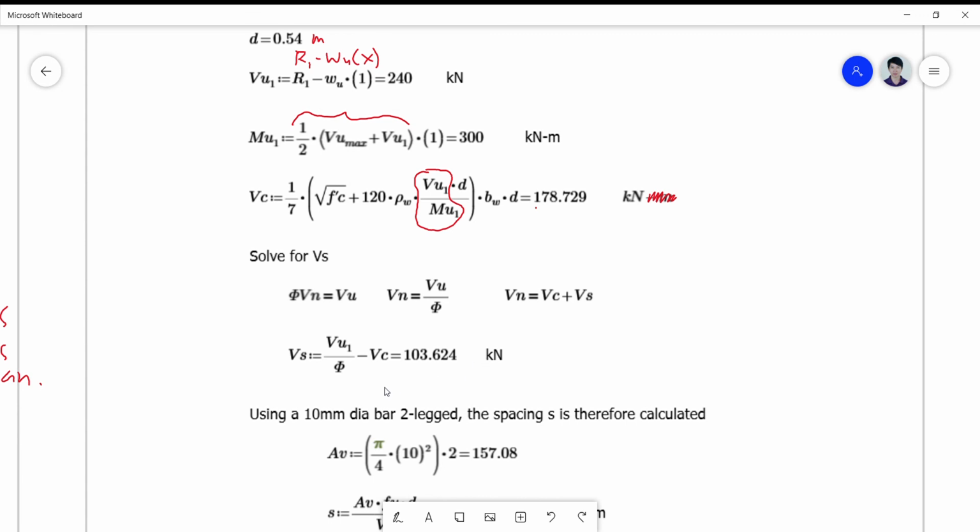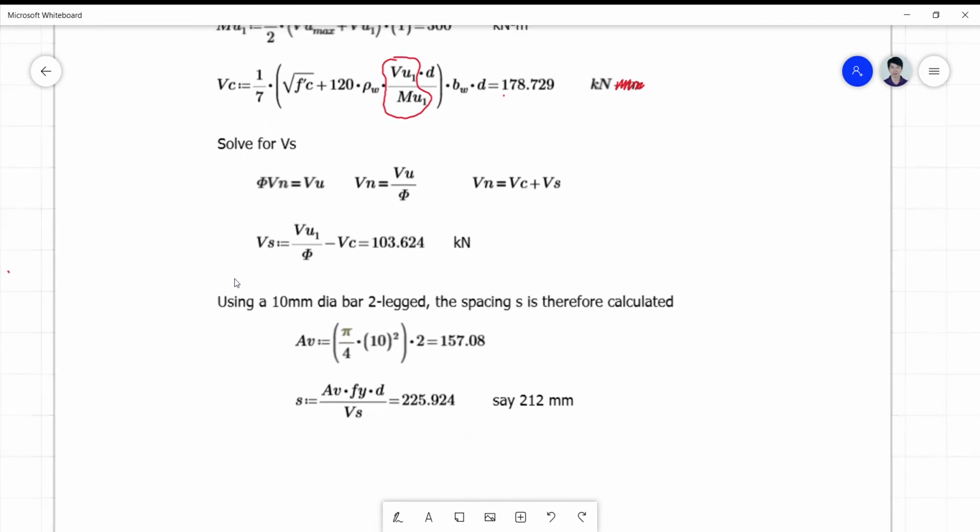So take note that Vs is actually decreasing because your shear requirement from left to the center is actually decreasing linearly.